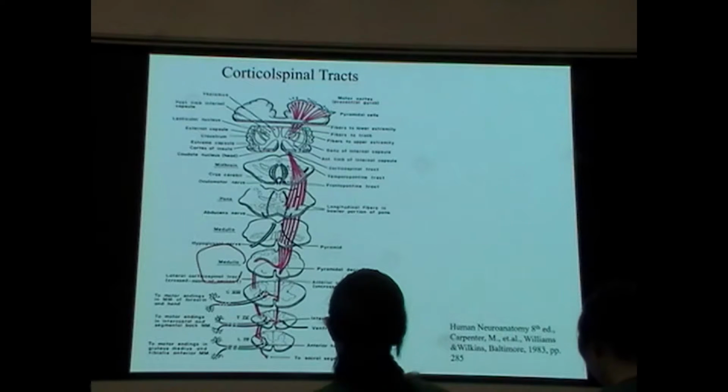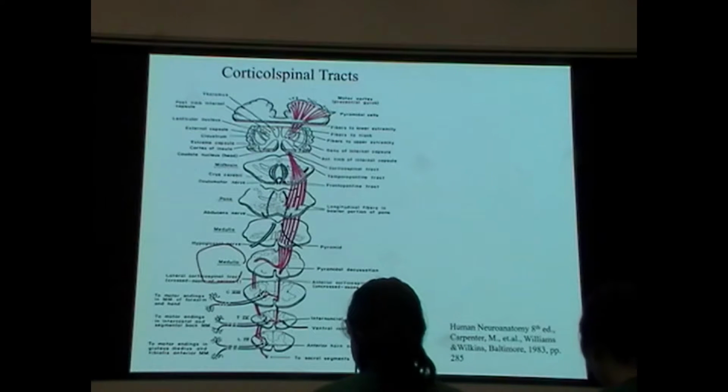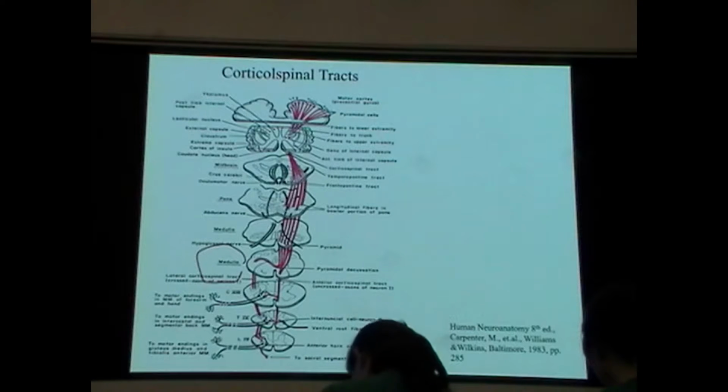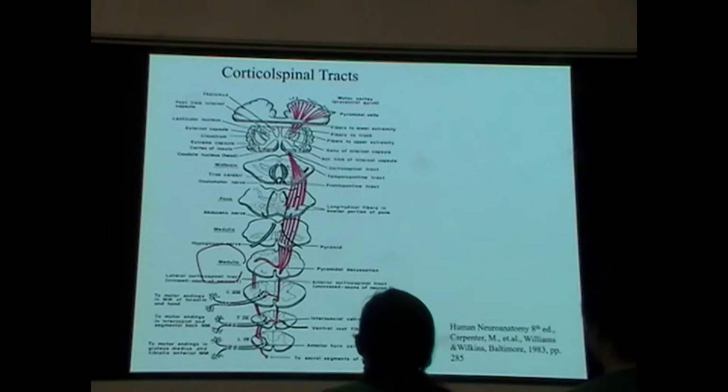Now, they believe that there are about 2% of these pathways that also do not cross at all. So of this anterior system, there are pathways that directly go through the same sided motor nuclei, or alpha motor neurons, and don't cross to the opposite side for any reason. So they are same sided.